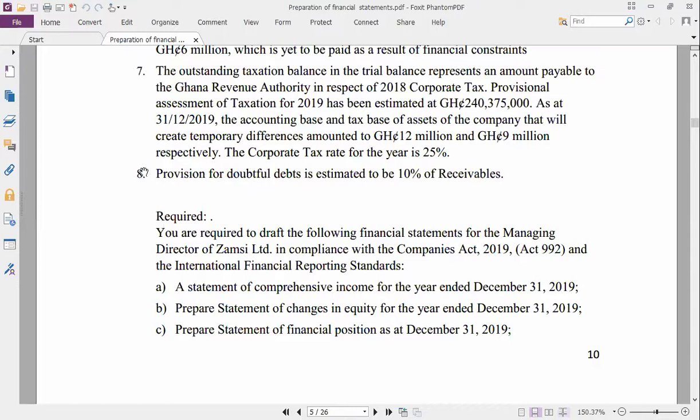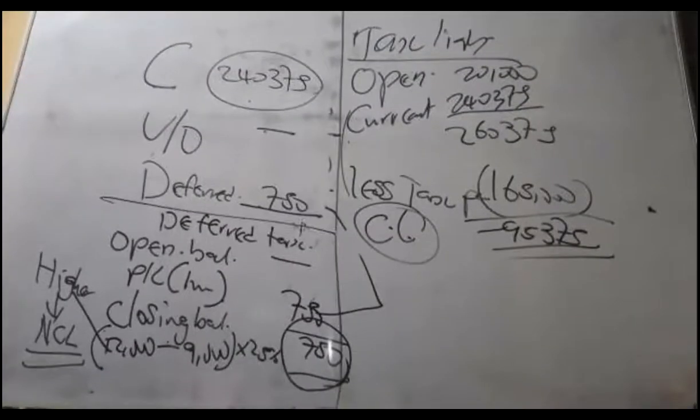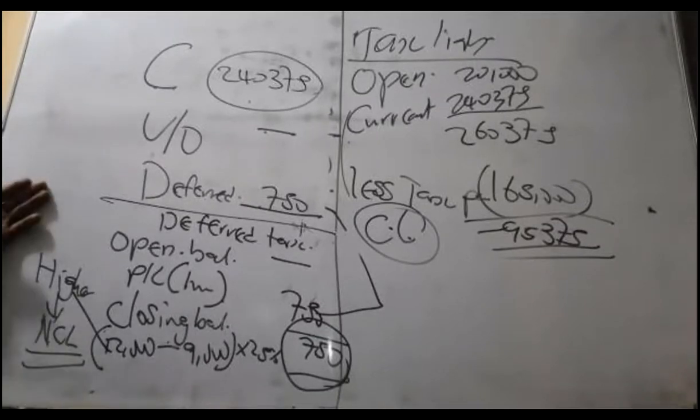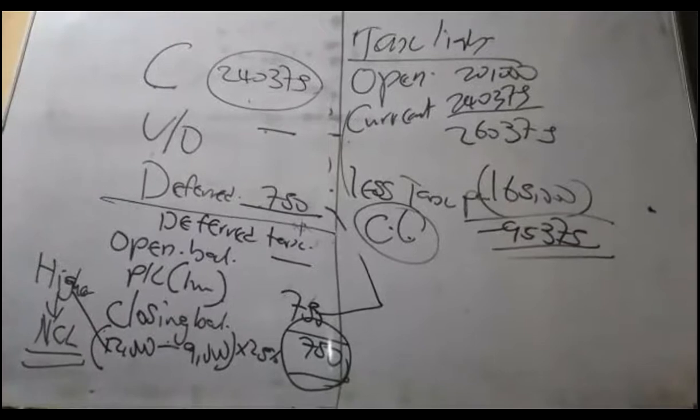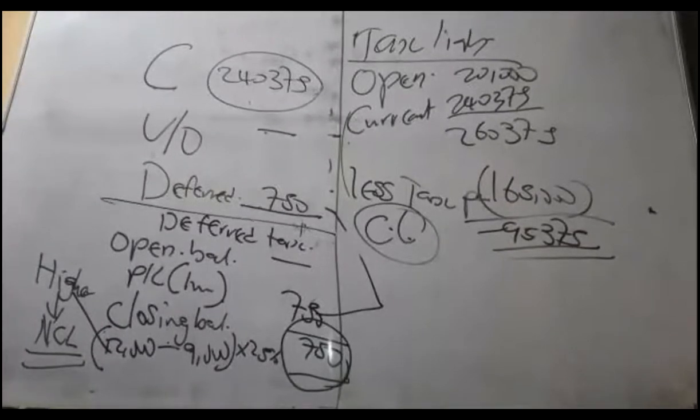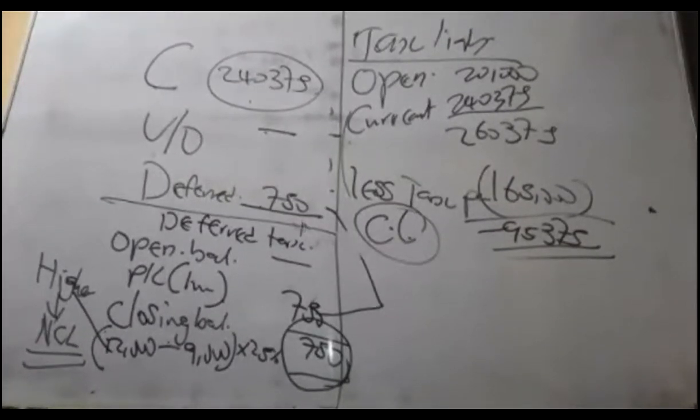All provisions move in the same direction. So down until you find the opening balance, you compare with the closing balance. One, it will affect operating expenses, so provision for depreciation affects operating expenses, and then the trade receivable.